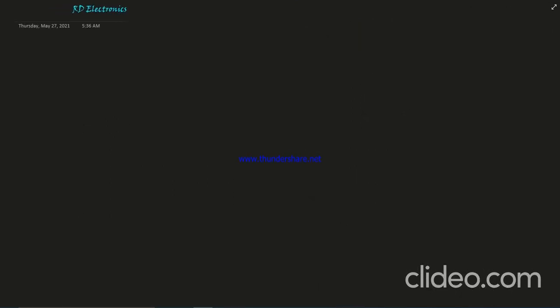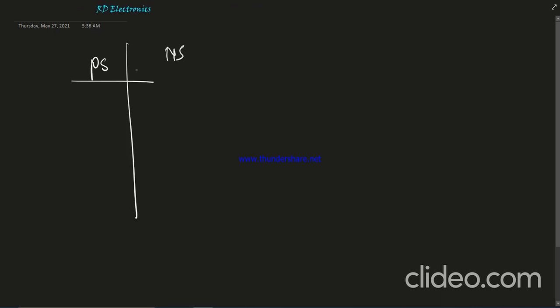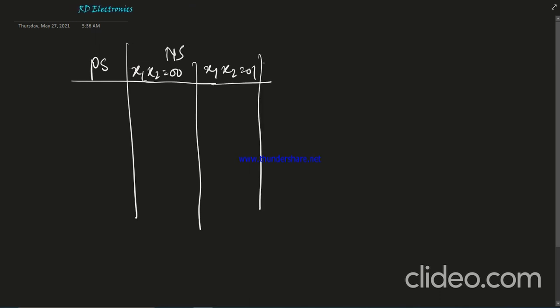Now we present another example. The problem is to draw the state graph for the following state table. The state table looks like this. First of all, this is the present state, and this is the next state, and here two external inputs are named x1 x2: first 0 0, next 0 1, and next x1 x2 equal to 1 0.